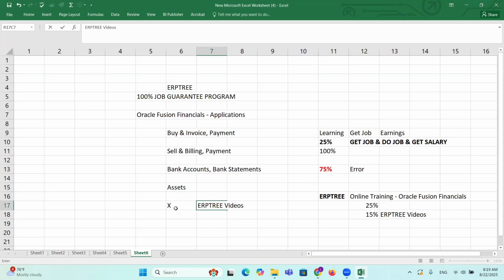Mr. X might be sitting in that institute maybe for proxy. If you check their laptop, you will find ERP3 videos. That means they are learning 25%. They can claim some other institute name, but real learning is from ERP3 only.